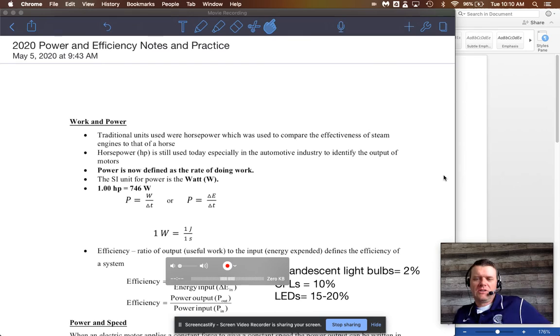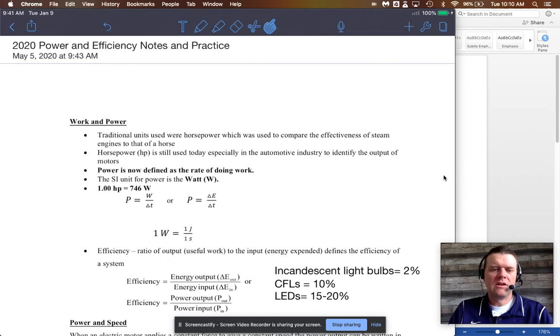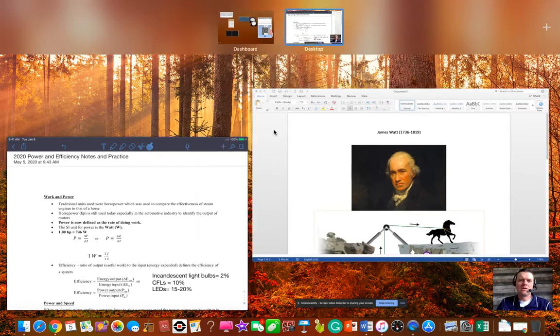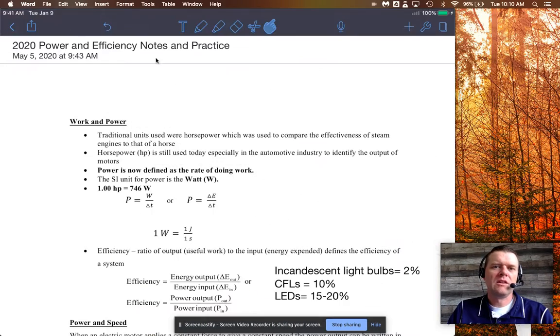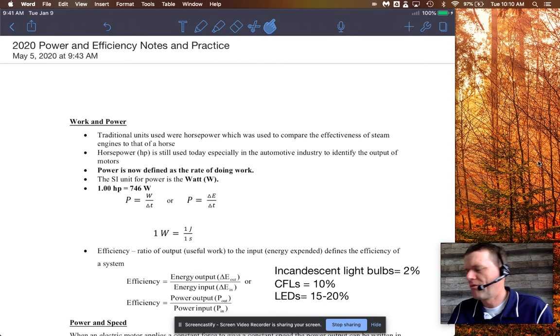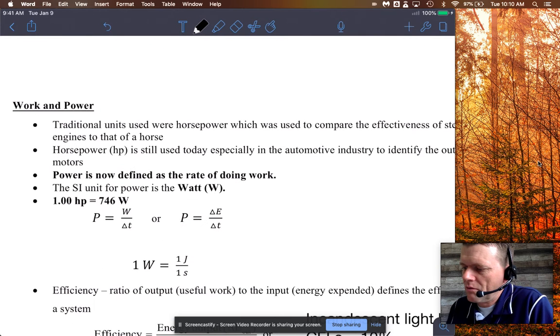I want to actually talk about power and efficiency today. And I do want to show you a couple of things that will help you understand the formulas behind power. So, power is a really natural extension of what you've already been learning about work and energy. Power is defined as the rate of doing work.